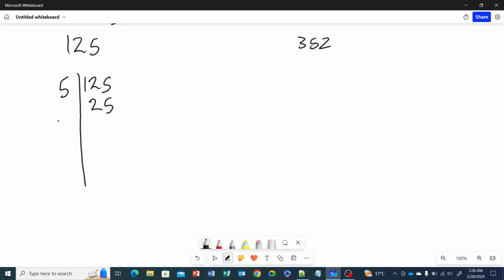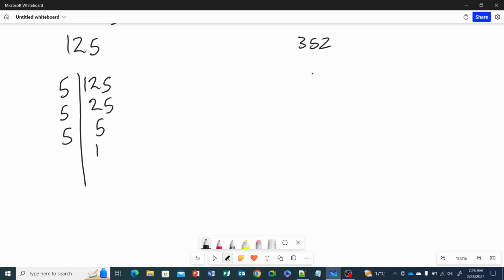So 25 divided by 5, because it's divisible by 5, it will be 5 itself. Now 5 is a prime number, you have to divide by itself. Then the final number you get is 1. So when you reach the stage where you write 1, that is the end of dividing by prime numbers. Okay.